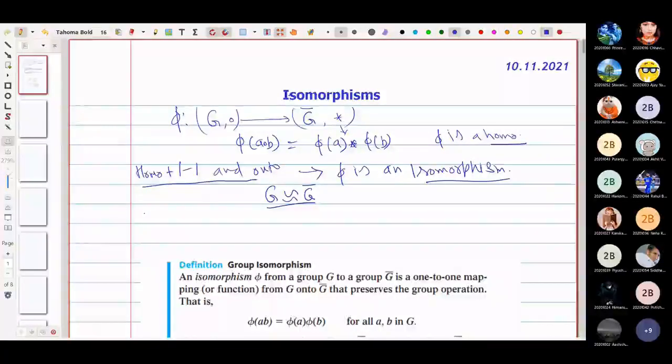You can understand what we mean by G being isomorphic to G bar by taking some examples.